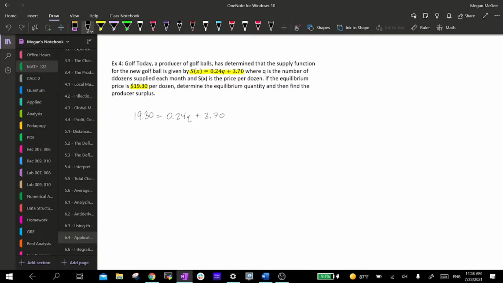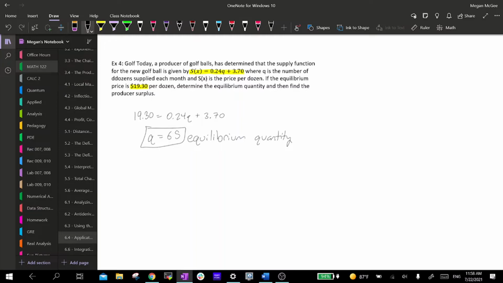So when it's equal to that much, what is the quantity? So here we could just go ahead and solve for Q. So if we subtract 3.70 from both sides and then divide by 0.24, we'll get Q is equal to 65. So this is our equilibrium quantity.